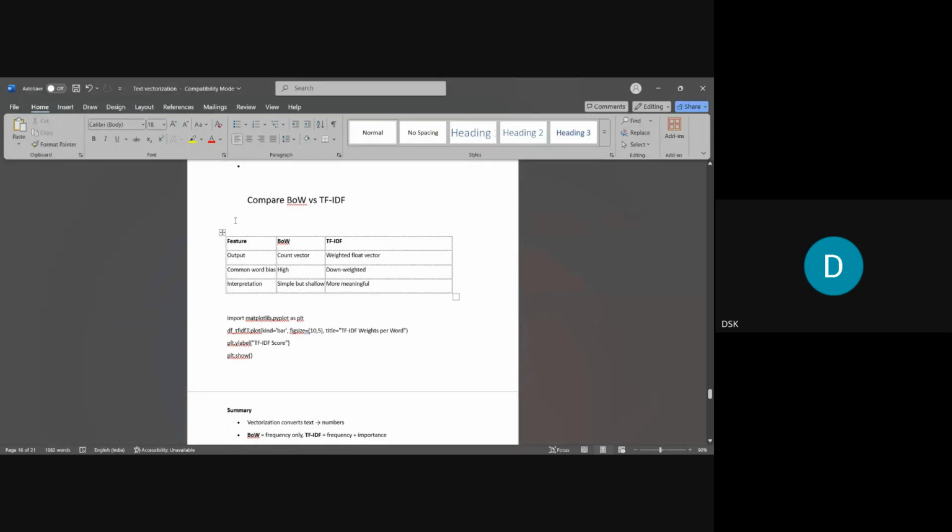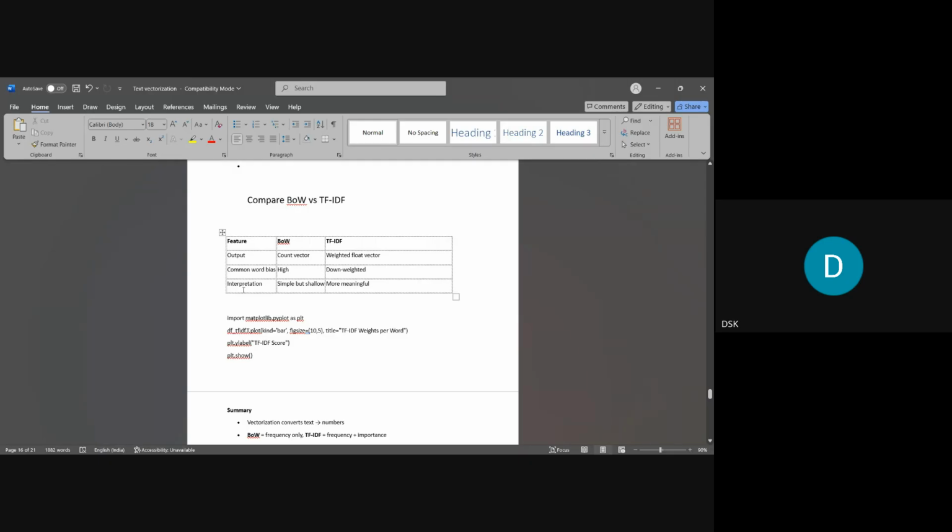So basically, the feature output for bag of words is a count vector, but for TF-IDF it is a weighted float vector. Common word bias is high in BOW, but TF-IDF down-weights it.